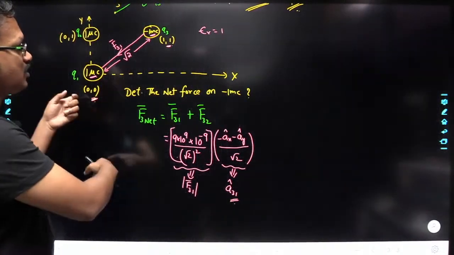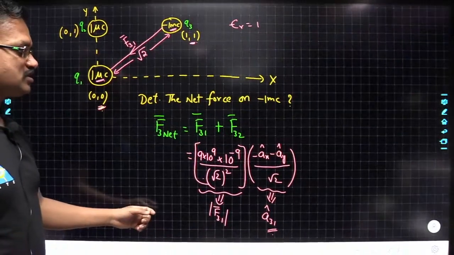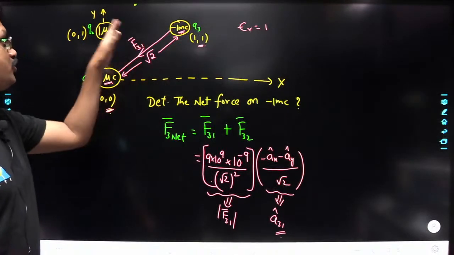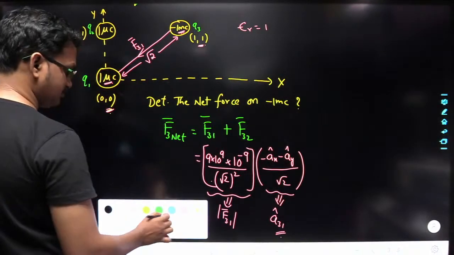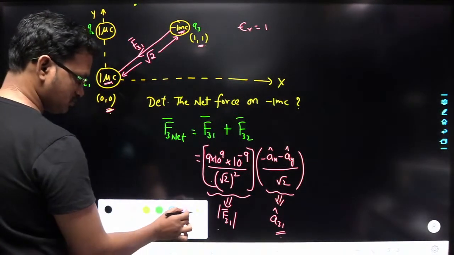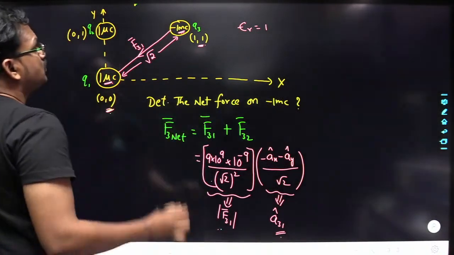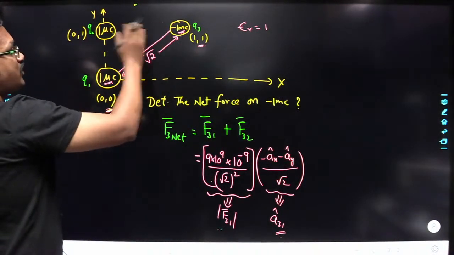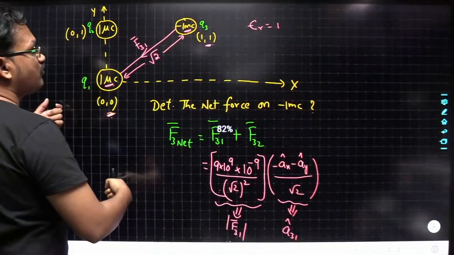Now similarly you can represent F32 bar, that is the force on 3 due to 2. Now you have to determine the force on 3 due to 2. If you observe, Q2 and Q3 are of opposite polarity.